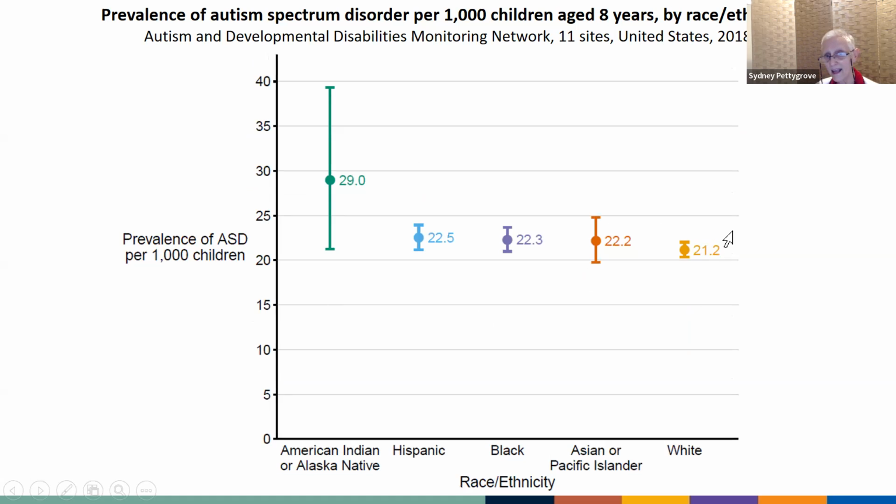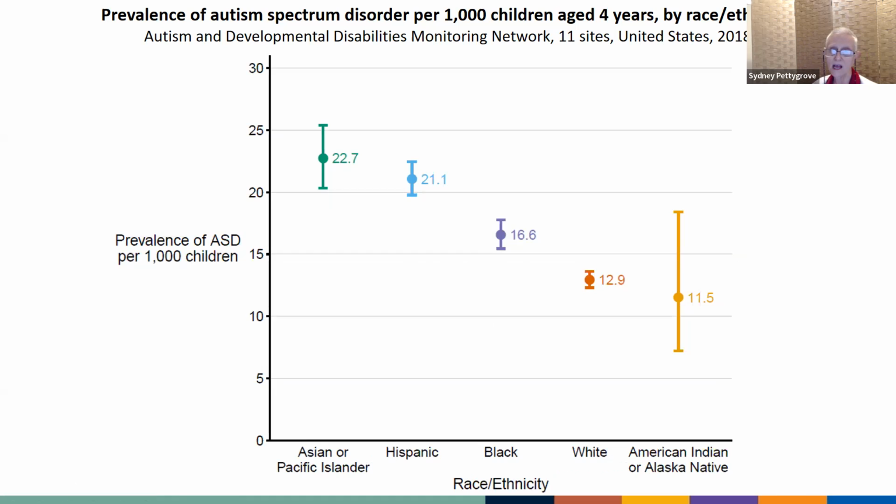So by 8, it looks like most of our groups are about equal, and that is a very different story here. It will be interesting to see, presuming we're still collecting data on this in 4 years, we'll see these same children again at the age of 8. And it will be interesting to look at what has happened with this since.